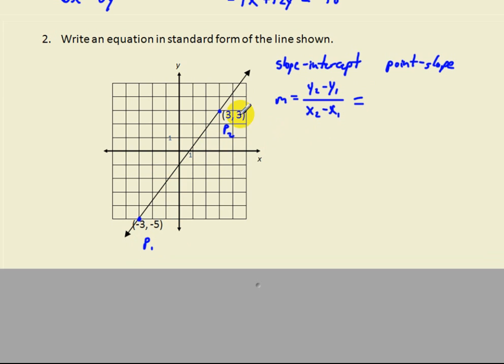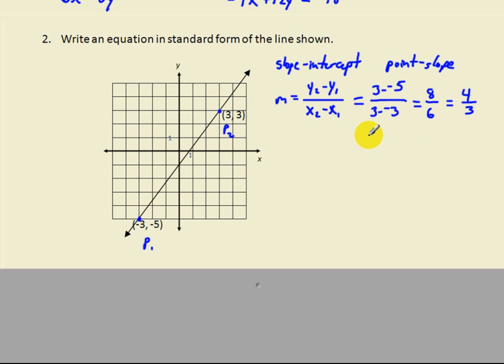So for the change in y, we get 3 minus negative 5. And then for the change in x, we have 3 minus negative 3. Which gives us 8 over 6. And of course we notice that we can simplify that to 4 over 3.